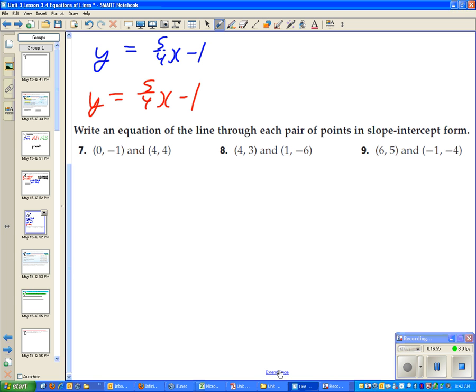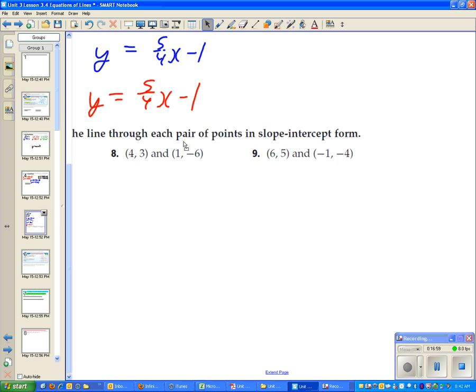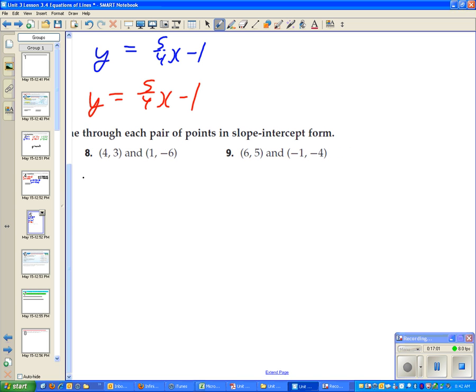All right, so we need the slope. So m equals y2 minus y1 over x2 minus x1. That'll give me a -9 over a -3, which reduces to be a +3. So I've got the slope. And then which point do you want to use?